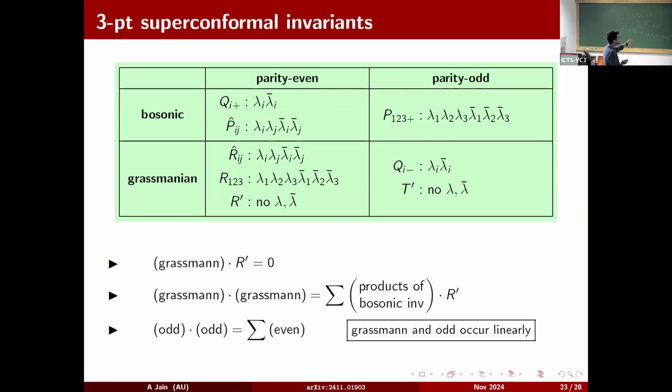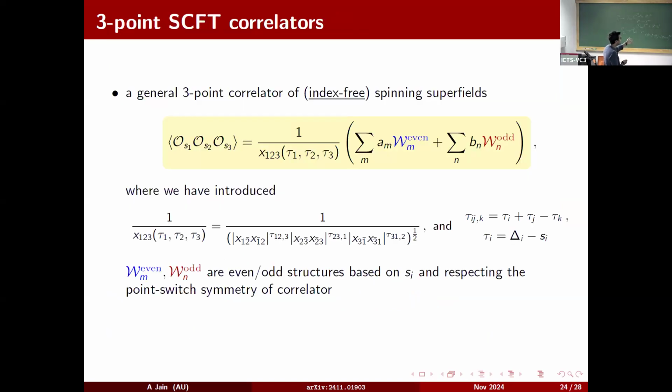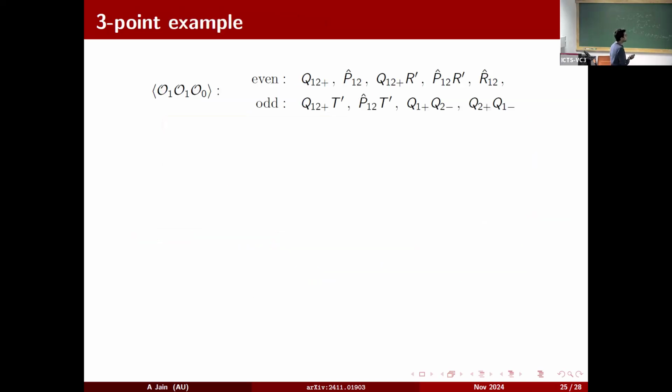Right. So with these at our disposal, now we can write down any 3-point function. So we consider the 3-point function exactly as we did for the conformal case. This is a scaling factor that takes care of the scaling transformation. And then this just contains the structures which we made, the superconformal invariant structures. Okay. For example, let's consider a spin 1, spin 0 superconformal correlator.